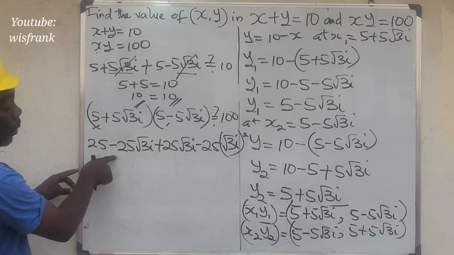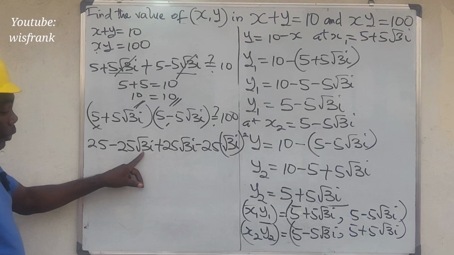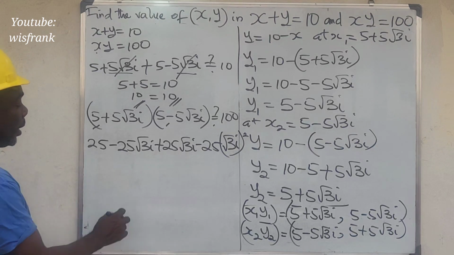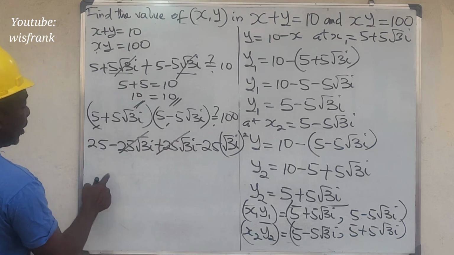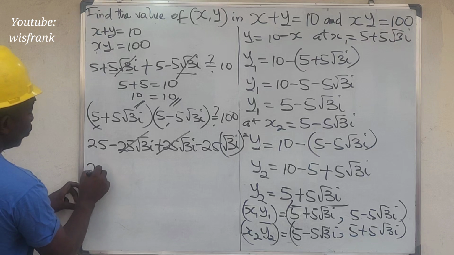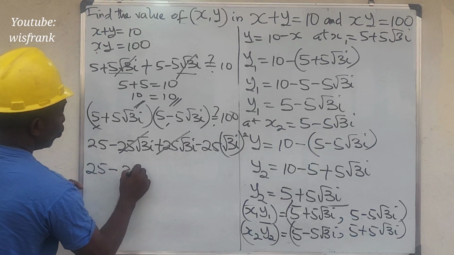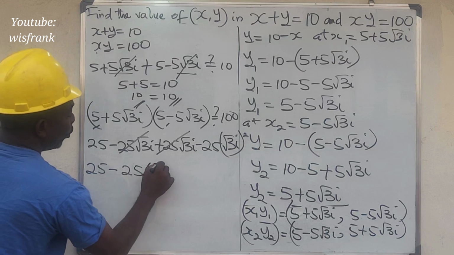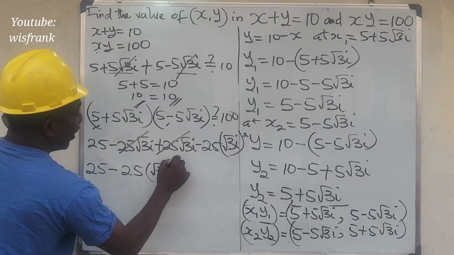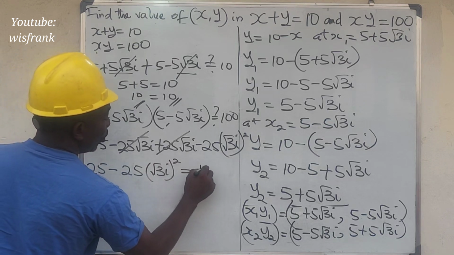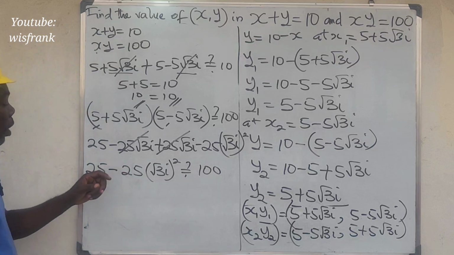So doing, we can see that the minus 25 root 3i here will cancel the plus 25 root 3i. So we are now left with 25 minus 25 times root 3i to the power of 2 equals 100. Will this equal 100?